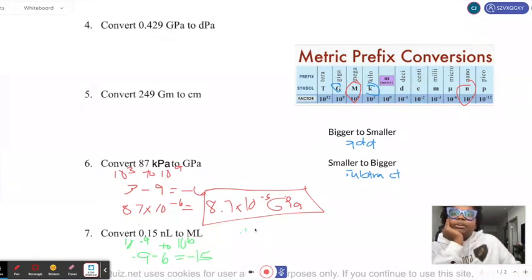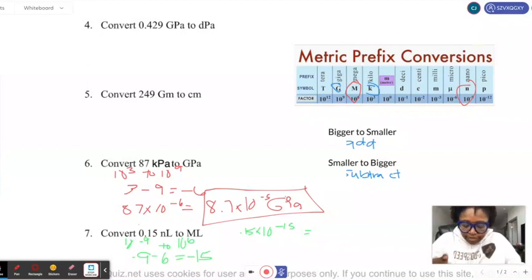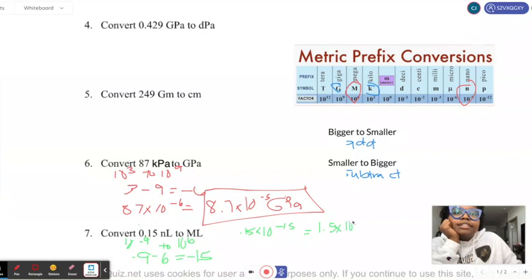So that means we're going to do 0.15 times 10 to the negative 15th power. That is going to give us a final answer of 1.5 times 10 to the negative 16th. And our units here are megaliters.